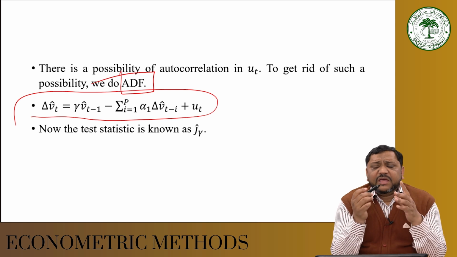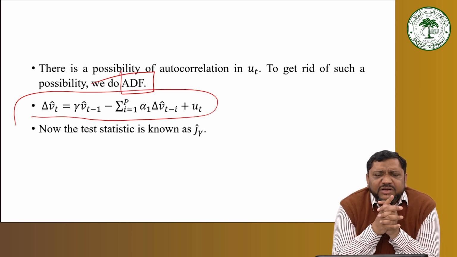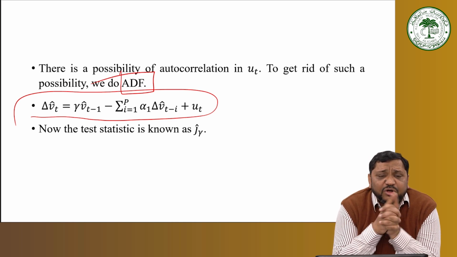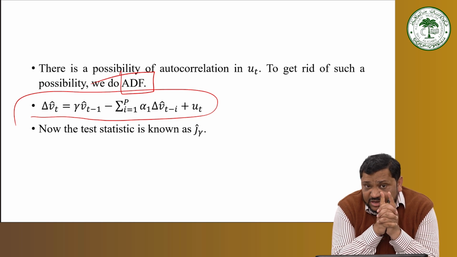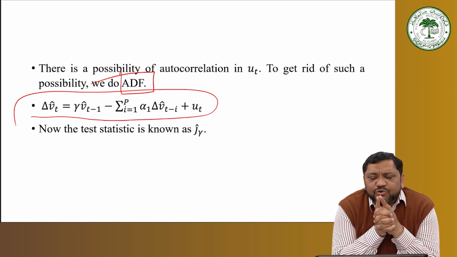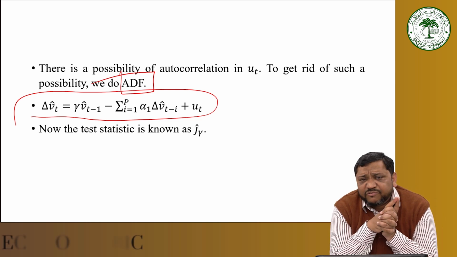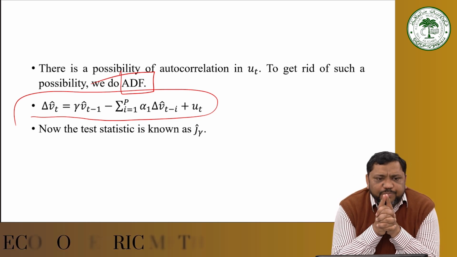Now in ADF we can do no intercept, with intercept, and trend, but here we have only one model, that is, Vt is a zero mean process, a random walk process. Vt is a zero mean process as it has no trend or intercept. So we calculate the basic tau statistics, not the one with the drift and slope, the trend value.